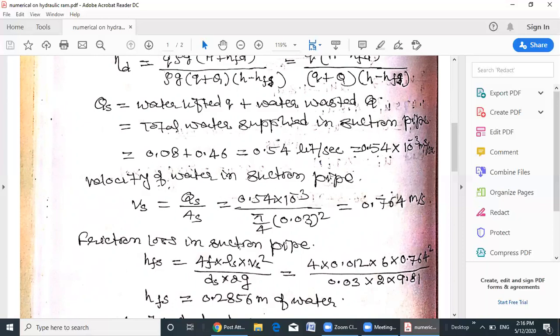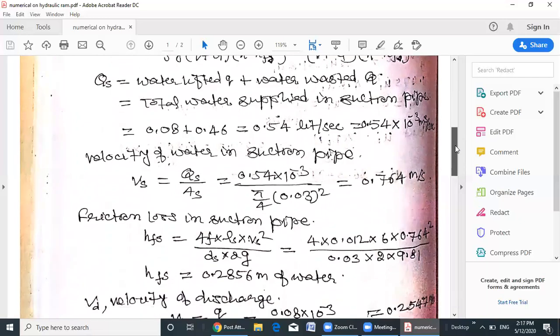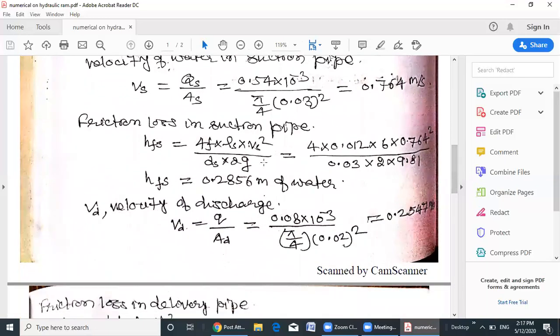Friction loss in supply pipe. What will be the friction loss in supply pipe? We will calculate according to the Darcy-Weisbach equation. All of you know 4fL into V square over D into 2g. Suffix s is for the supply.